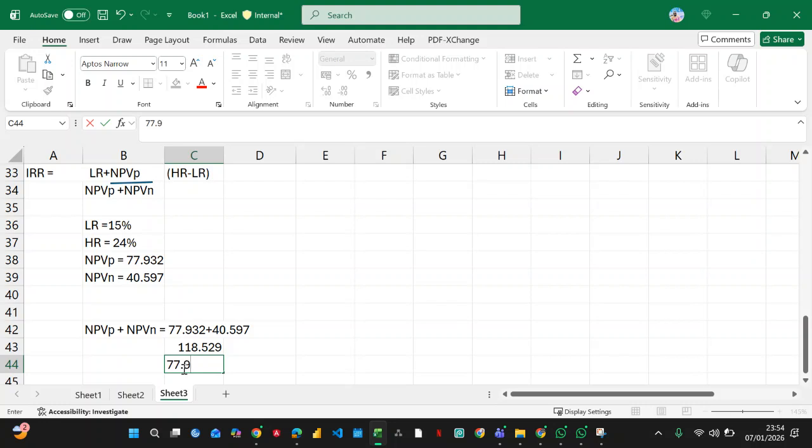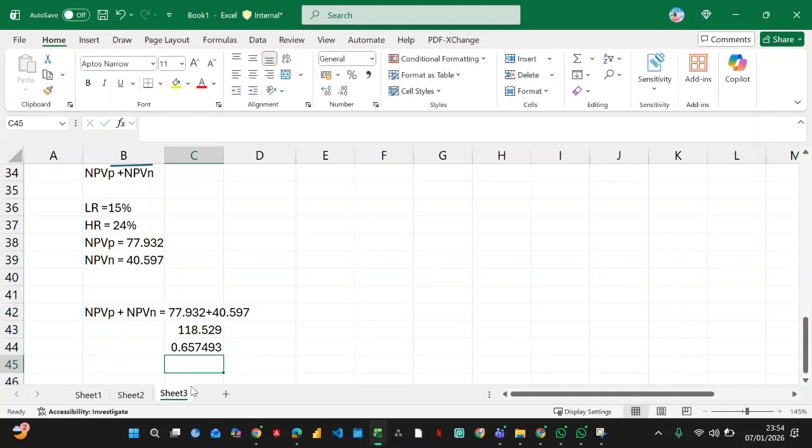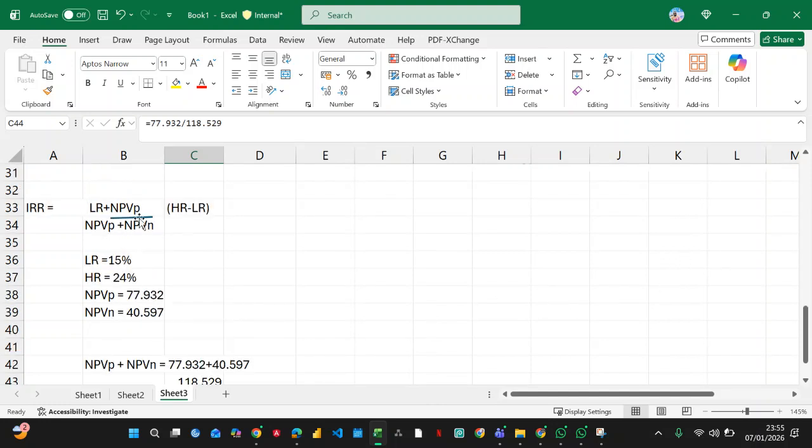So what we have there now is 77.932 divided by 118.529. You get this value.